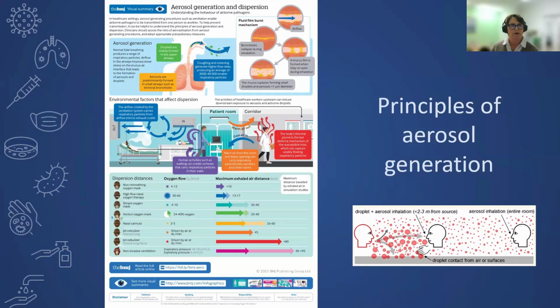So if we have a look, normally we have our tidal breathing, and that in itself produces respiratory particles. And that's based on the interface with the airways, where we put some stress on the mucus and the air interface, and that leads to the formation of aerosols and droplets.